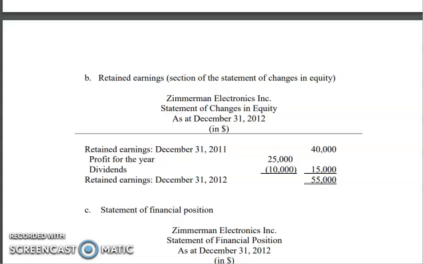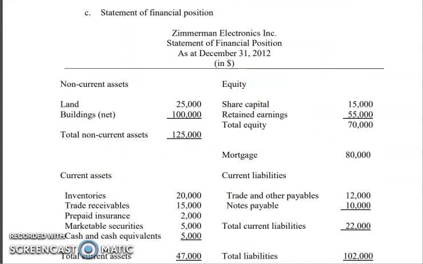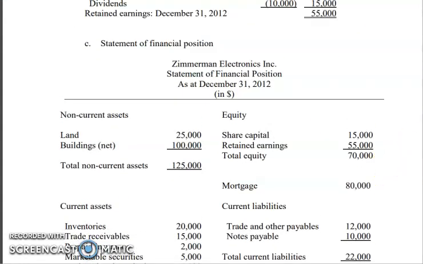So therefore, the amount from this year that we've kept is 15,000 added to the opening retained earnings gives us a closing retained earnings or retained earnings December 31st, 2012 of 55,000.